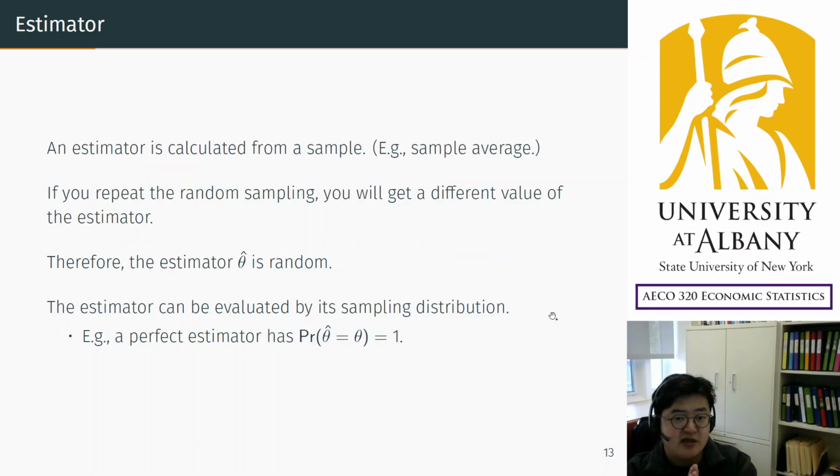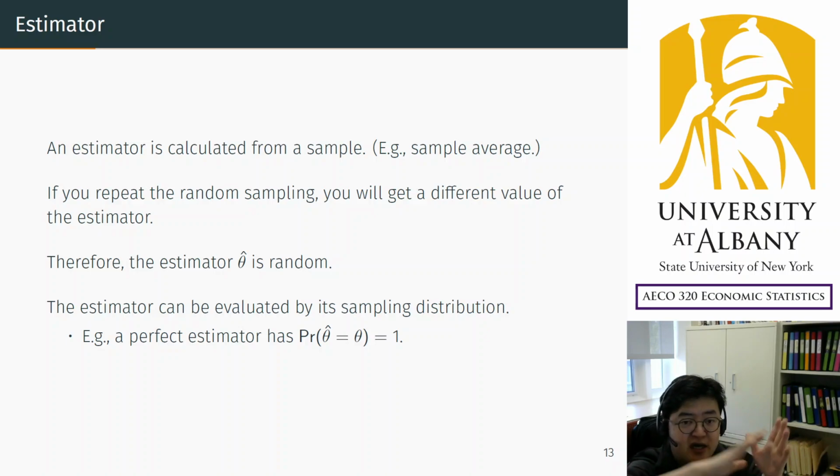So to understand that, it needs some background. First, you should understand that an estimator is calculated from a sample, and remember, the sample is random because it's randomly sampled, literally. So if you choose another set of random sample, then the estimator may be different.